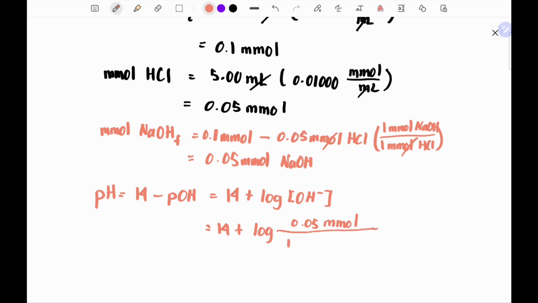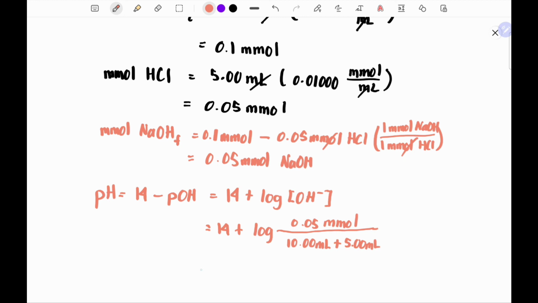Since we started with 10 ml and we added 5 ml, that should be the final volume. This is one of the few cases where you will see that we are adding volumes. Normally, we never add volumes because we recognize that volumes aren't additive. But in this case, it's mostly water anyway, so we can assume that no interactions occur that drastically change the volume.